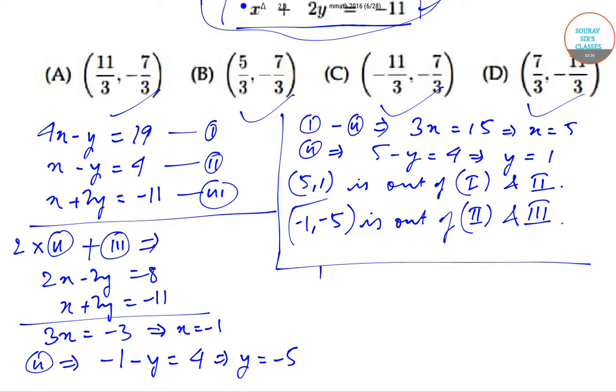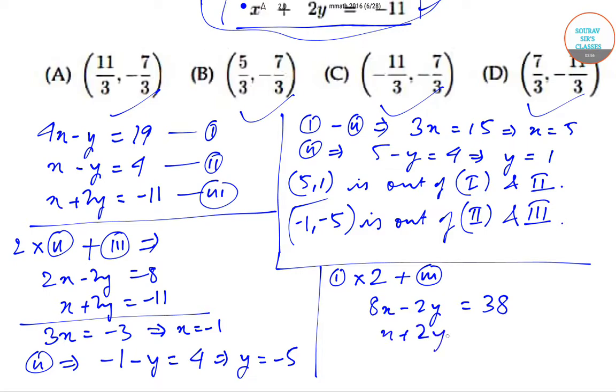This is the second point. Now we have to solve equation 1 and equation 3. So we'll multiply equation 1 by 2, and we'll add it to the third side. So this will give us 8x minus 2y equals 38, and x plus twice y will give us minus 11. So upon addition, this will give us 9x is equal to 27.